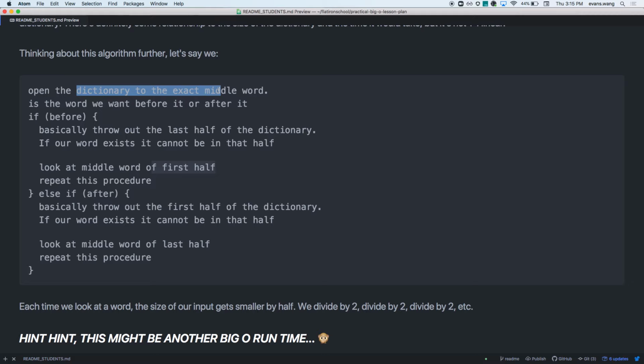I don't even care about the second half because G's toward the first half. So I can cut out that part. And then I cut it in half again and go, wait, is G on this half or on this half? And I remove half again. And I can keep going that way. So I can systematically remove what is not there for sure and then change what I'm actually going through.